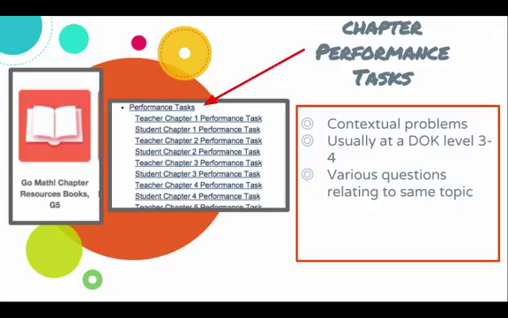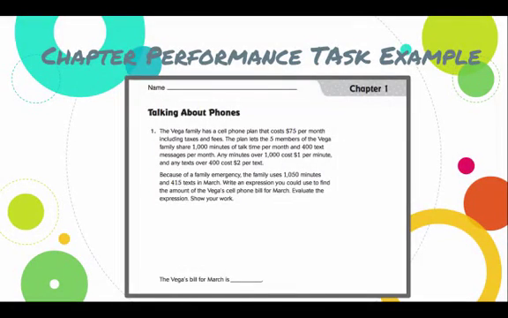Another place you can look at is once again found in the Go Math chapter resource books under performance tasks. So these are performance tasks that are found in each chapter. Okay, so if we take a look, here's one example of the performance task for chapter 1, in which they're analyzing a cell phone plan and making some decisions, analyzing comparisons of talking on their phones and their plans.